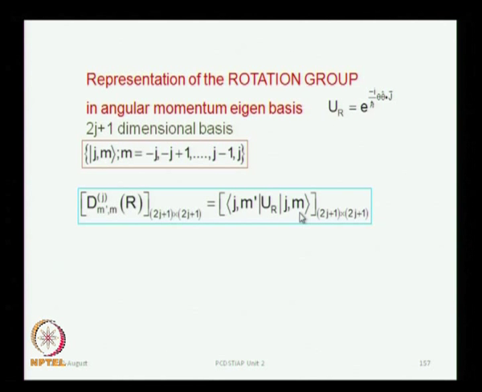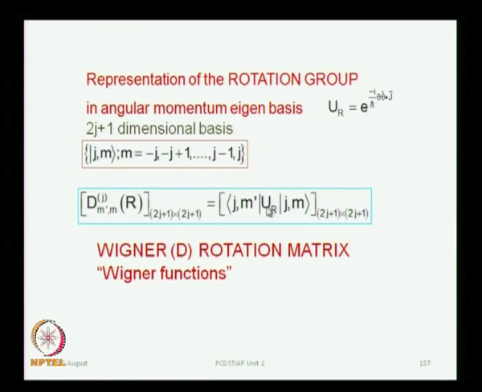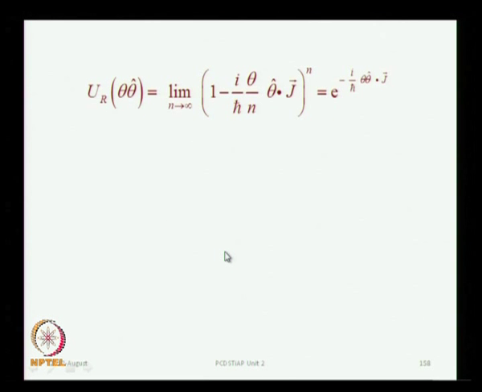These are known as the Wigner rotation matrices. As I mentioned earlier, we have met them earlier in Sakurai's book. So, let us have a look at this in some further detail.